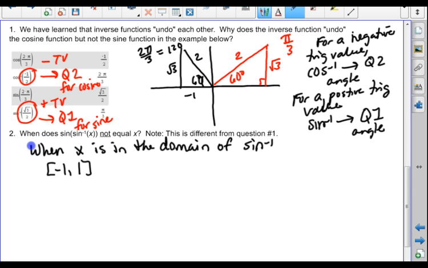Or I should say, when does it not equal? When it is not in the domain of inverse sine. So when x is not between -1 and 1, then this would not be true. You'd get a domain error. But other than that, it will always equal x.